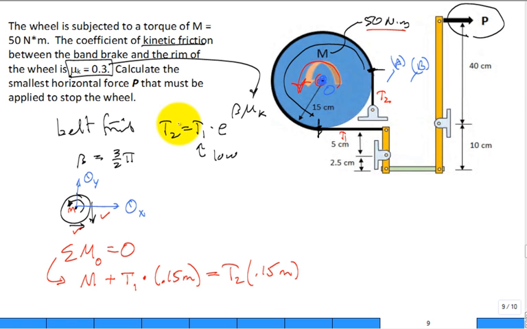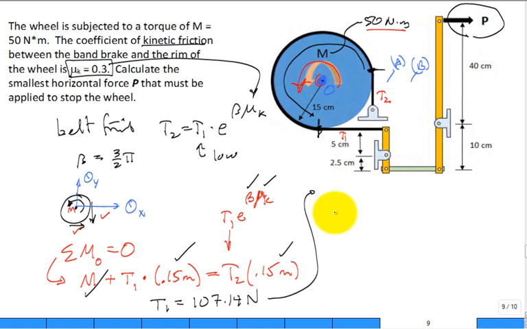We can replace T2 with T1 e to the beta mu sub k. This is known. Our distances are known. Angle of contact, coefficient of friction. The only unknown is T1, and we can solve for T1. It comes in at 107.14 newtons.